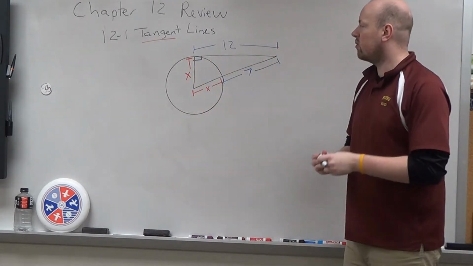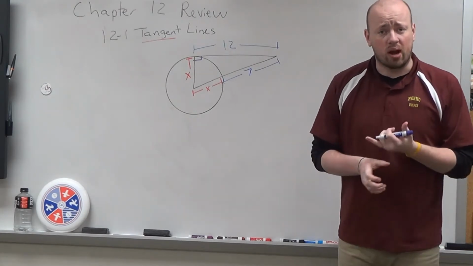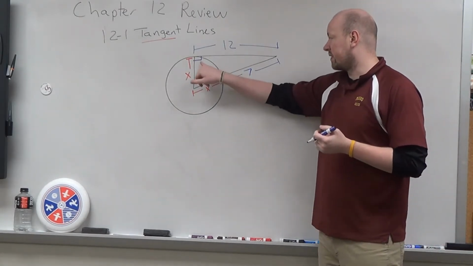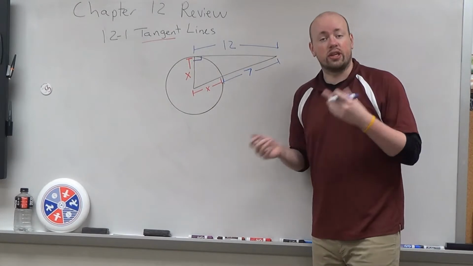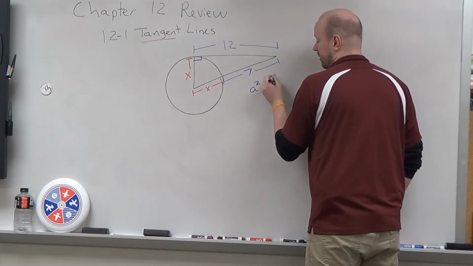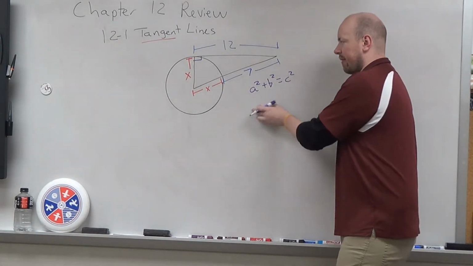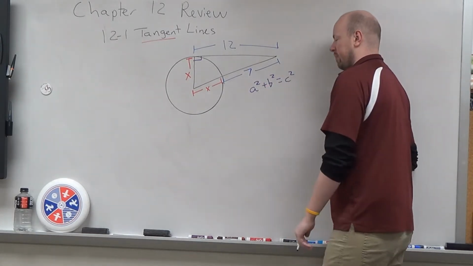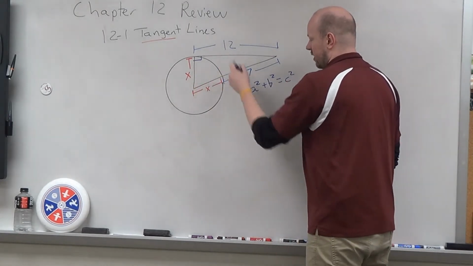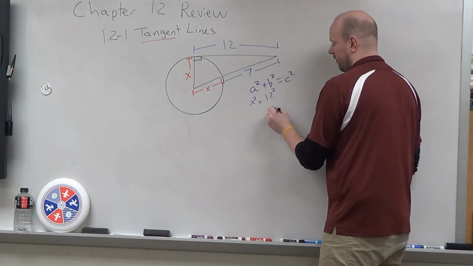Okay, this looks a lot more messy and more complicated, which technically it is, but it's still the same problem. I have a tangent, I have a right angle, and I have a triangle, so I can just use the Pythagorean theorem. A squared plus b squared equals c squared. Now again, my a and b have to not be my hypotenuse, so x squared and 12 squared. 12 squared is 144.